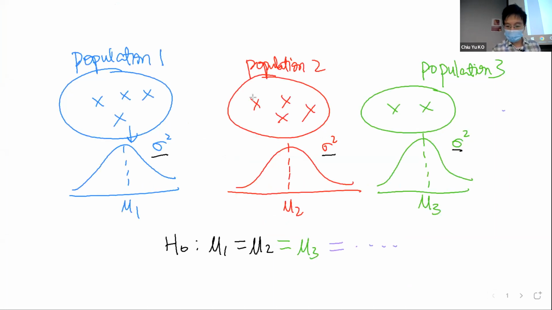Suppose group one, I use blue color, and suppose this is x1 with mean mu 1.